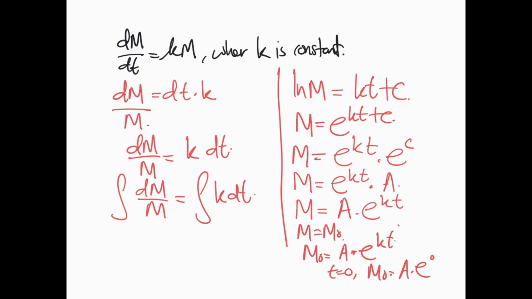So m0 equals a. So from there, the solution to the differential equation is m equals m0 times e to the power of kt.